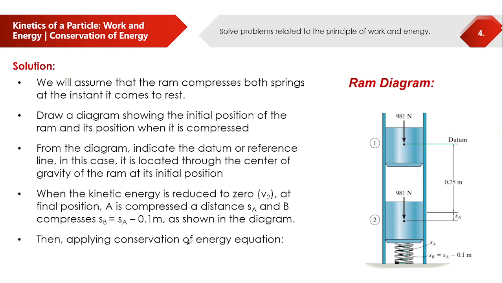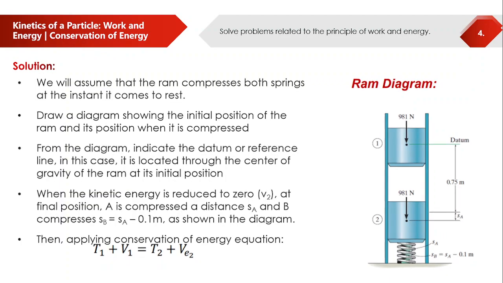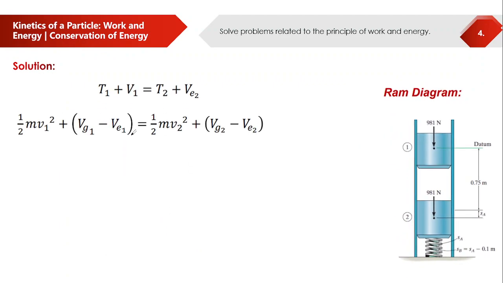Ayun. So, then applying conservation of energy equation, ito, okay? So, T sub 1 plus V sub 1 is equal to T sub 2 plus V sub 2. So that will be 1/2 mv sub 1 squared plus V sub G sub 1 minus V sub E sub 1.